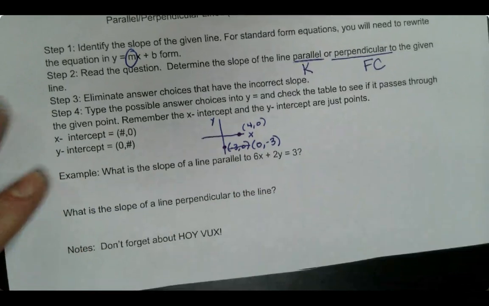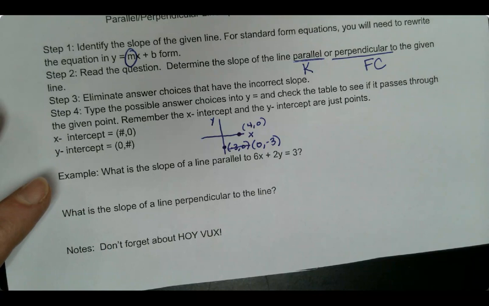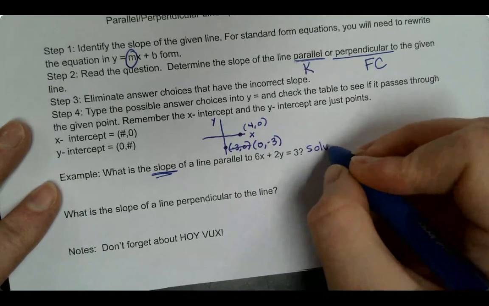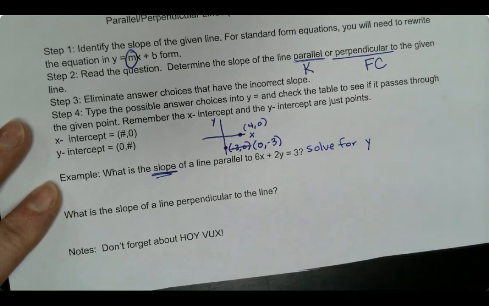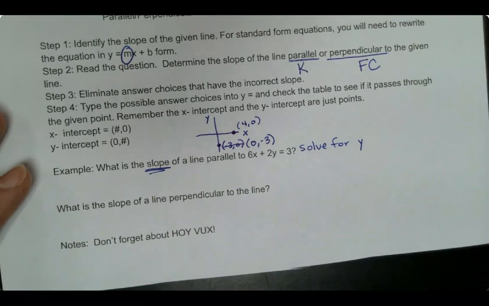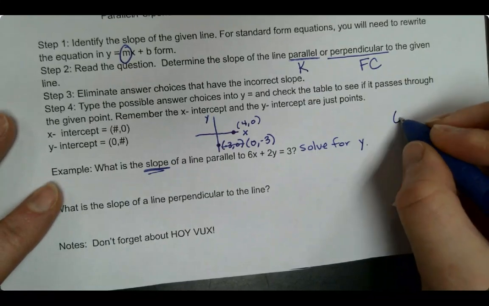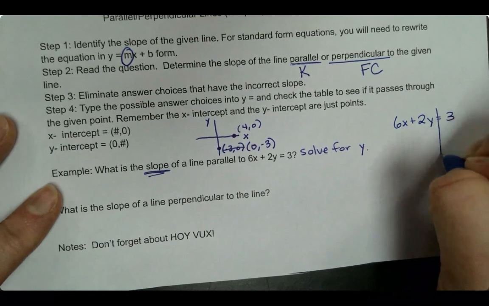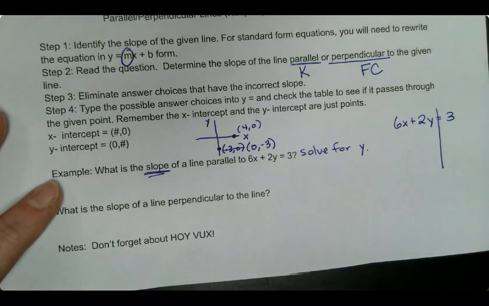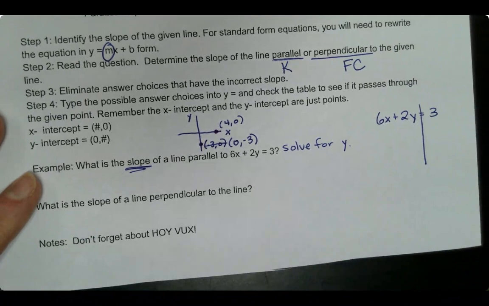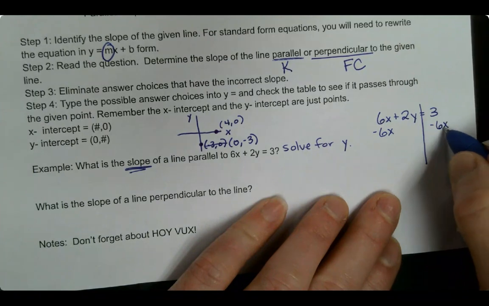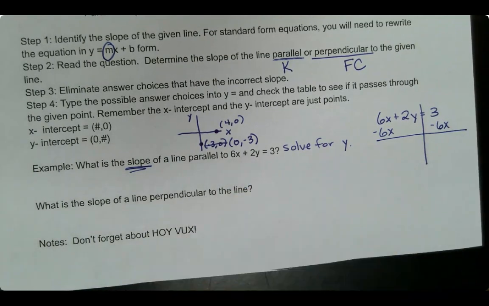All right. Let's look at the example. It says, what is the slope of the line parallel to that? So in order to find the slope, we need to solve for what? Because it's not in y equals mx plus b. So rewrite the equation. So I need to move my x. I'm going to subtract 6x on both sides. But I wanted to say y equals mx plus b.